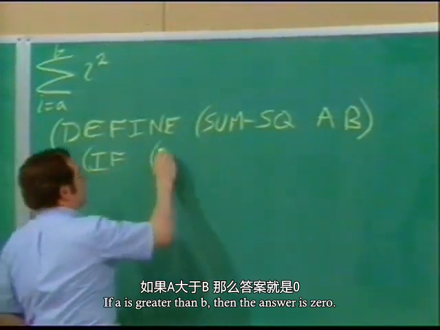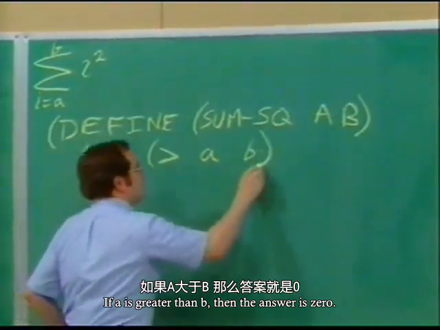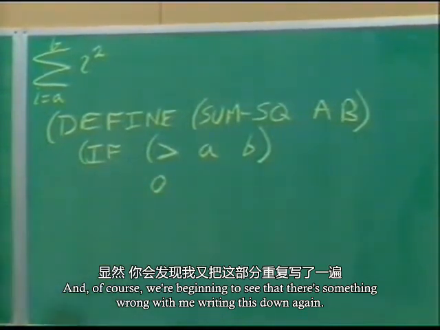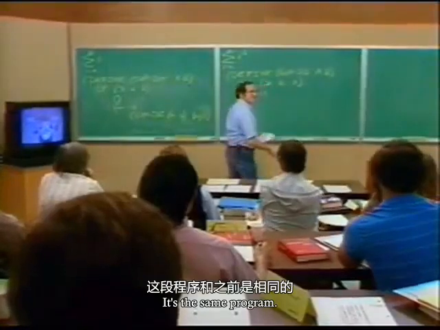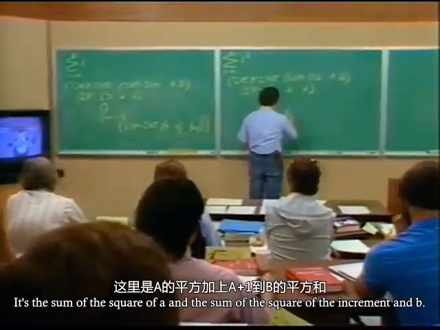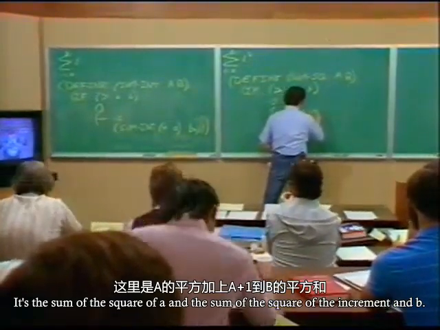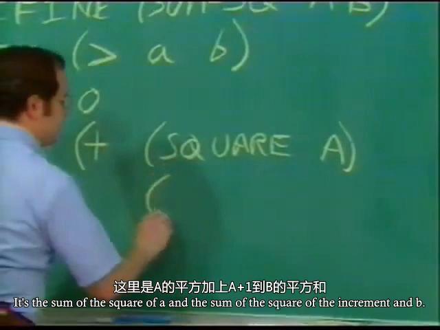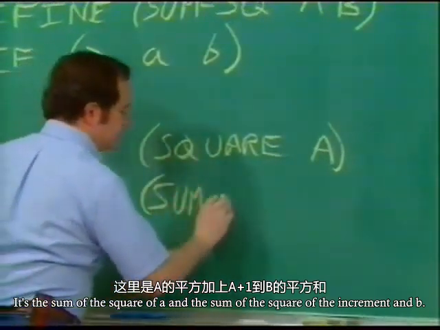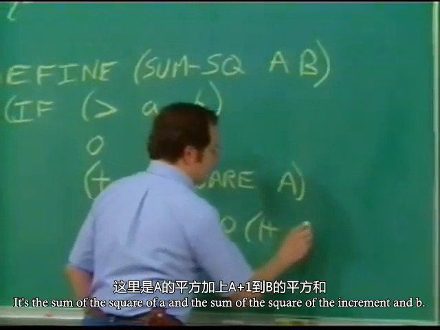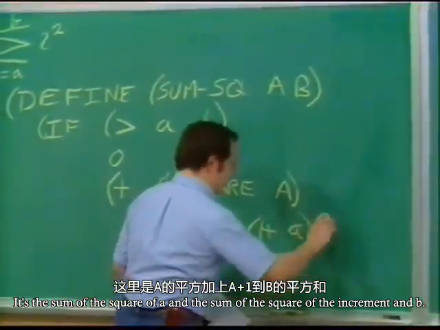If A is greater than B, then the answer is 0. And of course, we're beginning to see that there's something wrong with me writing this down again. Okay? It's the same program. It's the sum of the square of A and the sum of the squares of the increment and B.